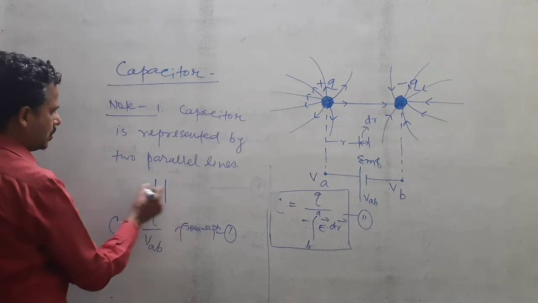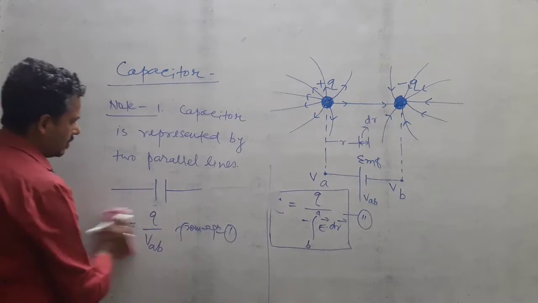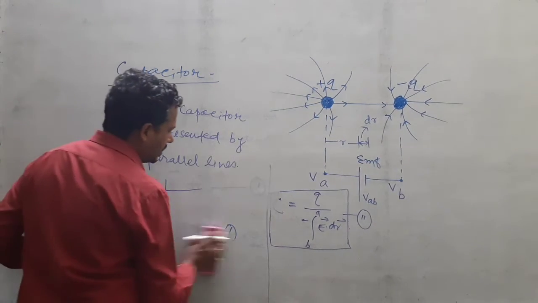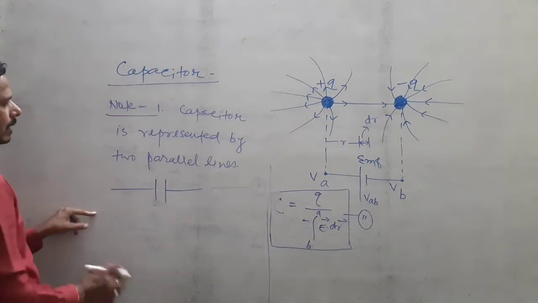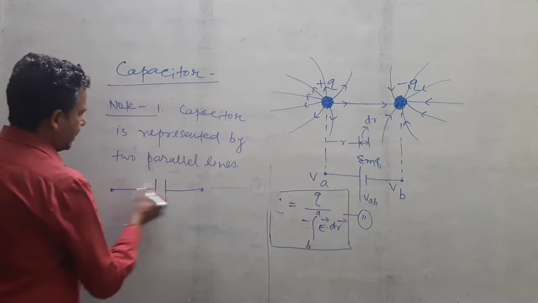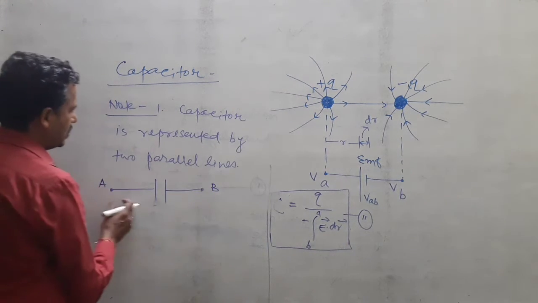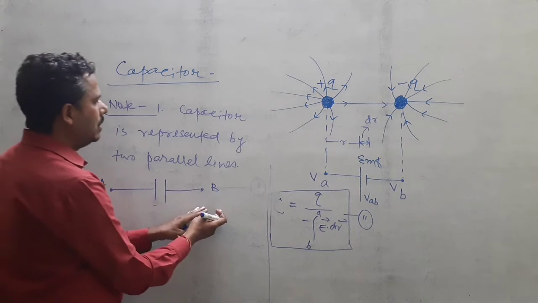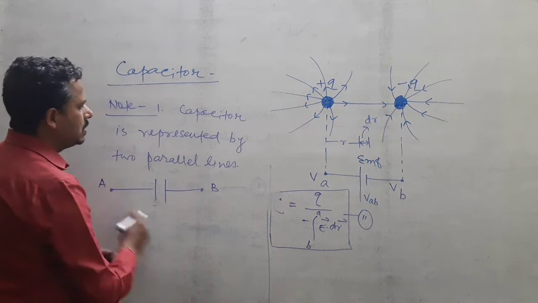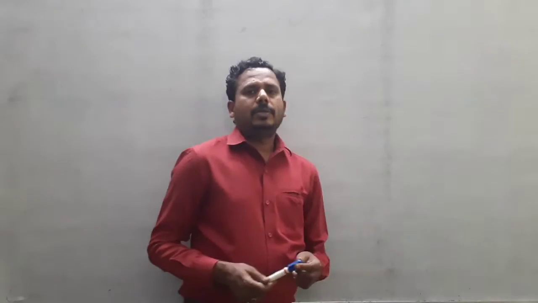You just draw two parallel lines, and from both of the parallel lines you take two perpendicular lines like that, and you can say this one is A and this one is B. So this one is called terminal A and this one is called terminal B. So this is the way of representation of a capacitor.